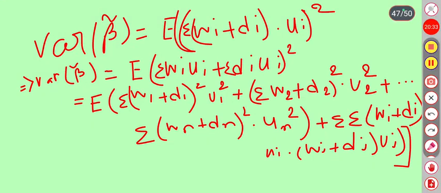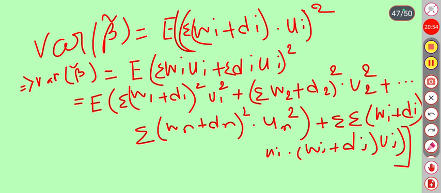Here ci means wi plus di, so the expected value of the sum of wi plus di into ui, whole square. So this is summation wi ui plus summation di ui, whole square.